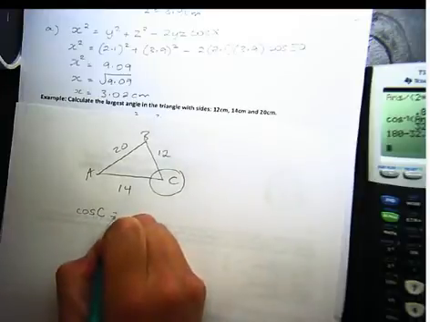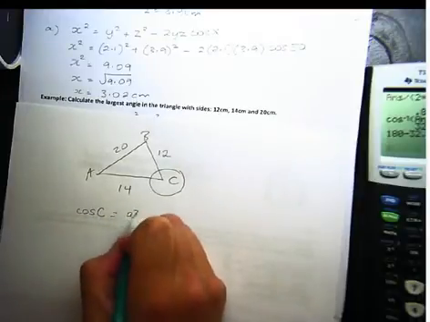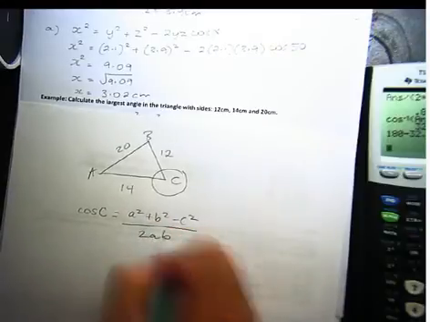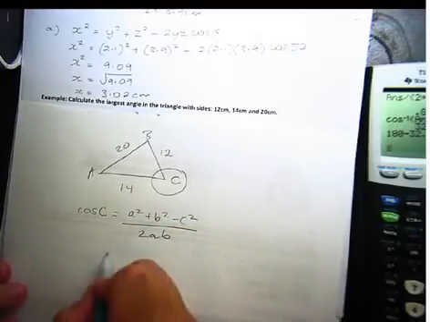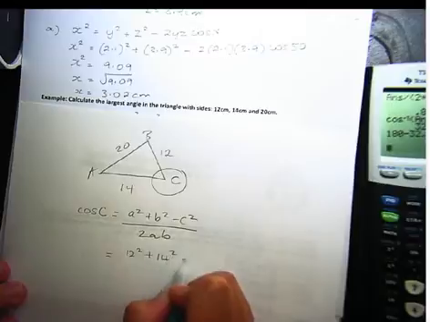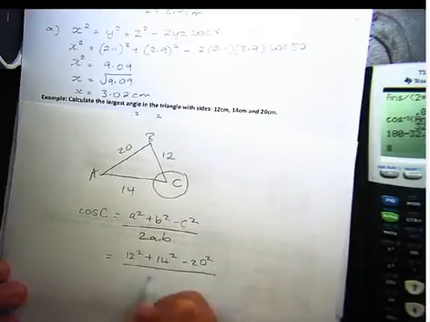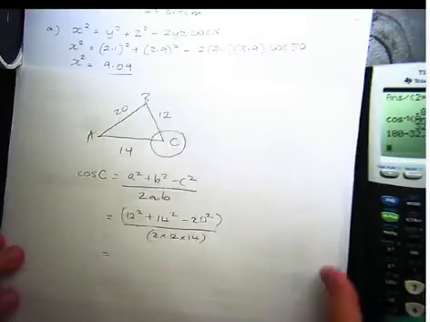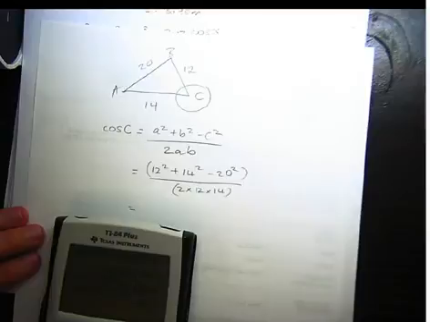So I'm going to use my rule, a squared plus b squared minus c squared over 2ab. That's going to give me 12 squared plus 14 squared, take 20 squared over 2 times 12 times 14. Once again, I'm going to do that in a bit of a two-step process.